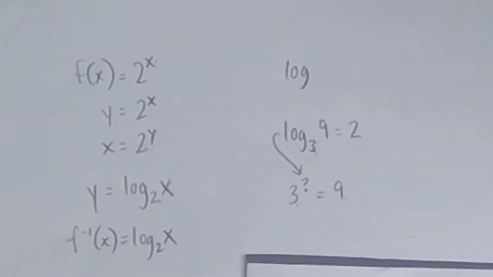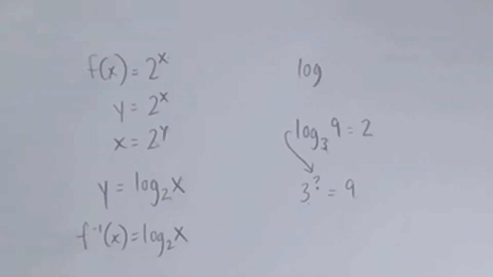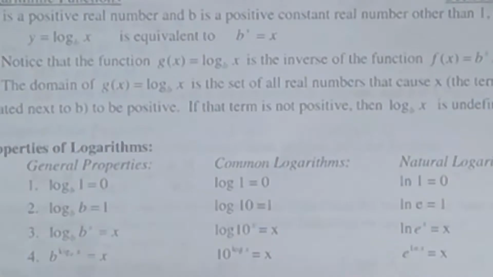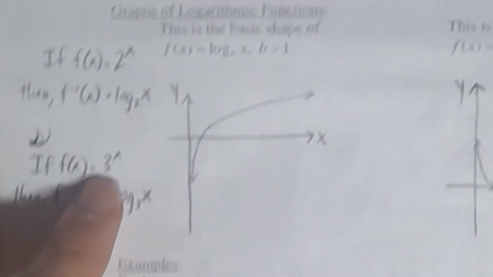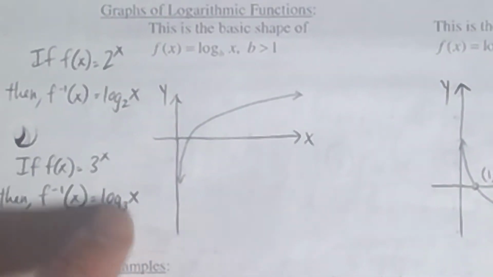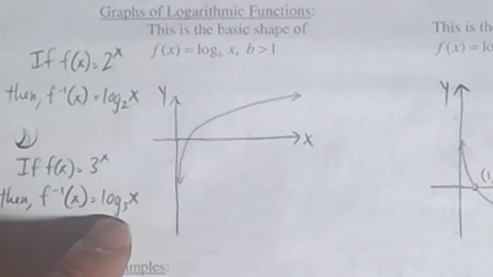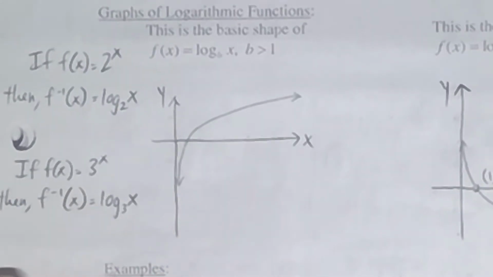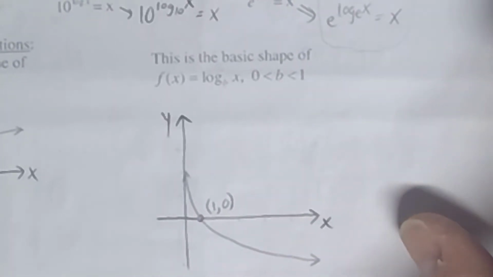Not important to write all this down yet. If you did, that's even better though. But in a similar way, if that's true, then it would also make logical sense that if 3 to the x was your original function, then the inverse would be log base 3 of x. And if 4 to the x is your original function, then log base 4 of x would be the inverse, and so on.